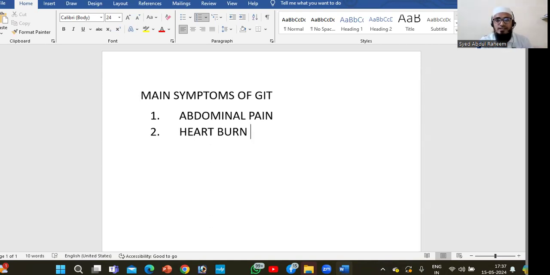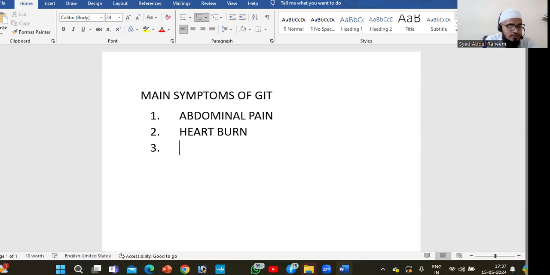Epigastritis is mostly involved. The abdominal wall is affected due to hyperacidity or gastro reflux disease. These are the causes of heartburn.